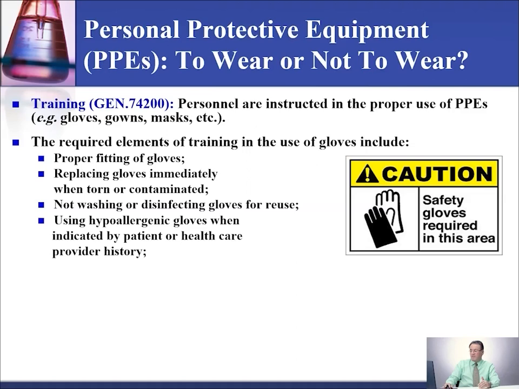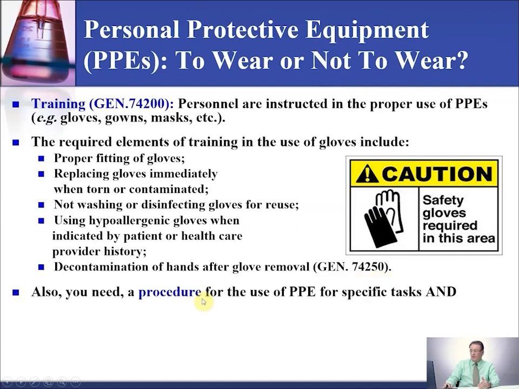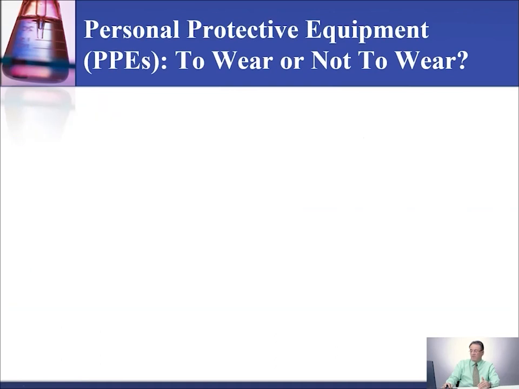Also, using hypoallergenic gloves when indicated by patient or healthcare provider history, and decontamination of hands after glove removal. You find this in LabGen 74250. Also, you need a procedure for the use of PPEs for special tasks and a record of personnel training for PPEs.